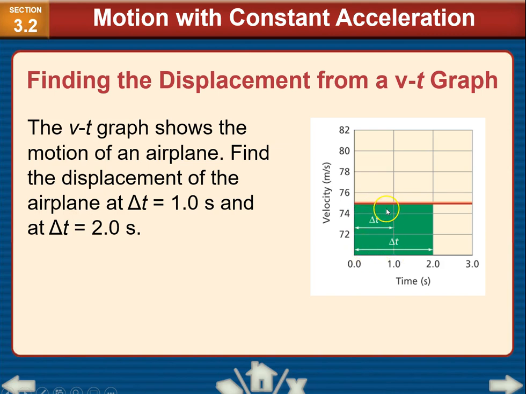So at 1 second, we're looking at this initial delta t. The velocity is 75, so 75 is the height. The base of it is 1. So 75 times 1 is 75 meters. Now at 2 seconds, the base is 2 seconds. The height is still 75. So 75 times 2 is 150.